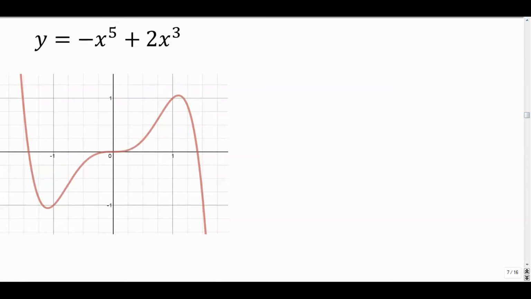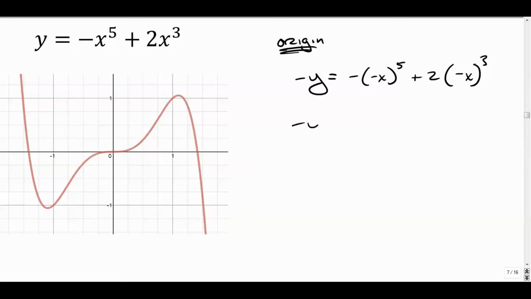Got a function here. I have a suspicion that it has origin symmetry. So let's check it. Replace the x's and the y's with their negative versions. And we simplify. So negative y is equal to negative, remember negative x to the fifth power is negative x to the fifth power plus 2 times negative x to the third.